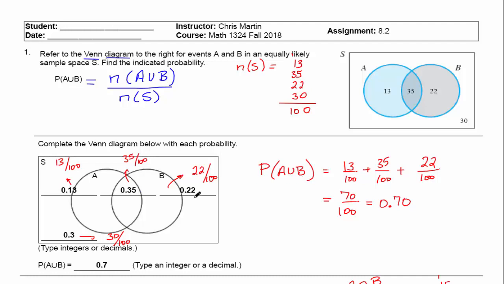And the 0.22, 22 over 100, and the 30 on the outside divided by 100 is 0.3. So how many are actually in the union? Well, it's 13, 35, 22. Add them all up, I get 70 over 100, which as a decimal, since they want a decimal answer, is 0.70.